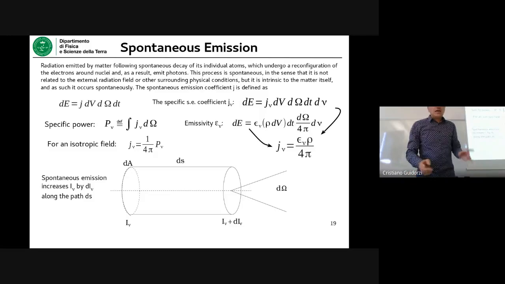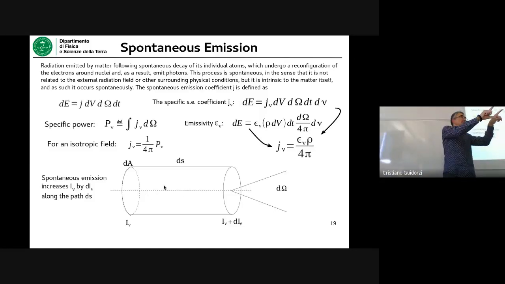And in particular, let's consider all the photons that are moving along this path within the solid angle d omega. We're not taking all of them, just all those traveling within the solid angle d omega.